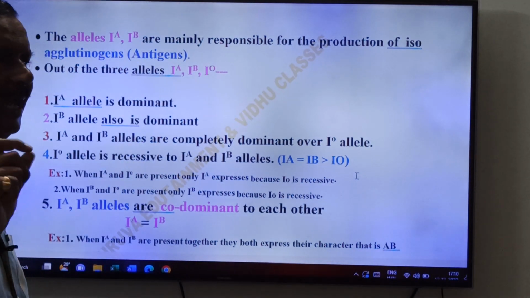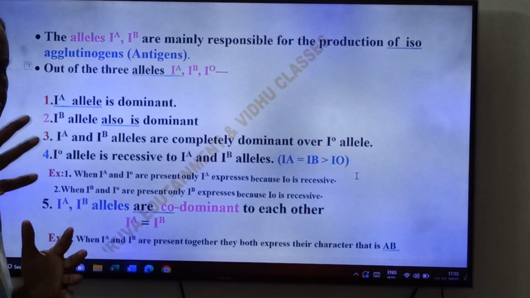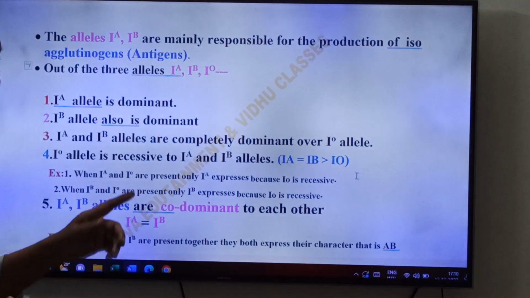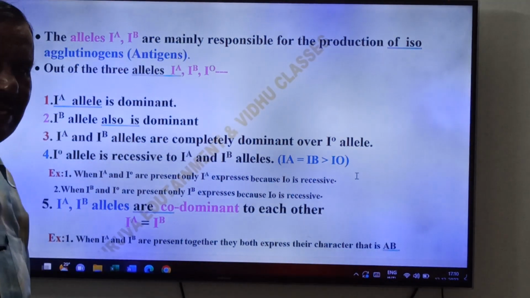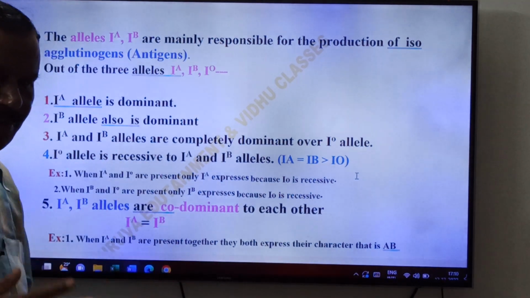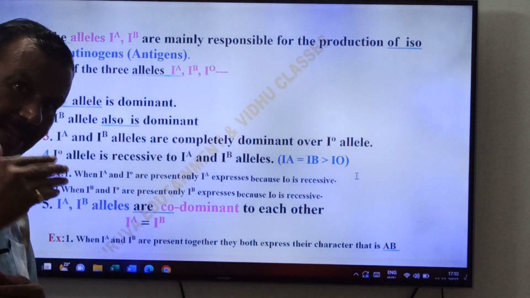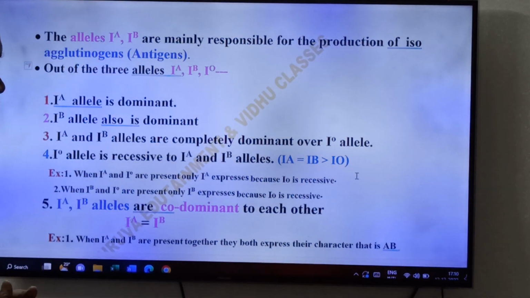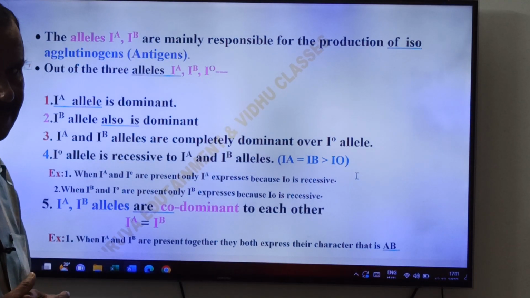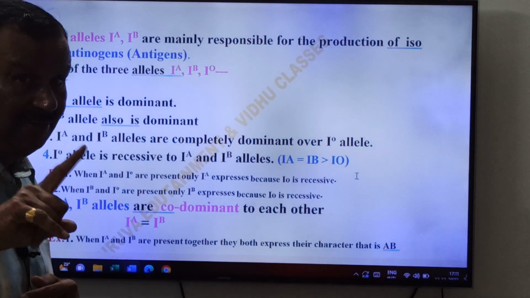Out of the 3 alleles, IA, IB and IO, the IA allele is dominant, the IB allele is also dominant, and IO is recessive.